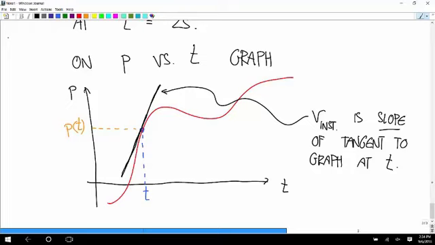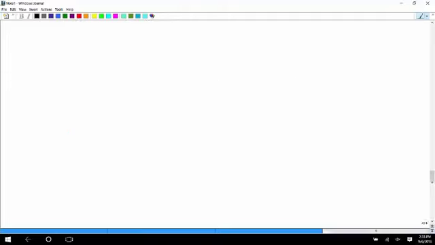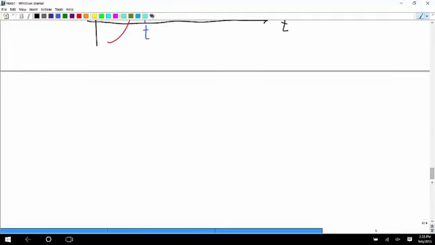Yep, and if it was up at this point and the slope was like that, it would be zero. That would be zero instantaneous velocity. And if it was like here, the slope is that way, negative.